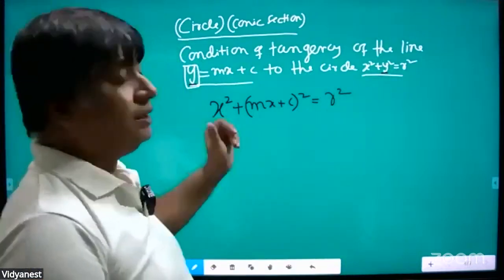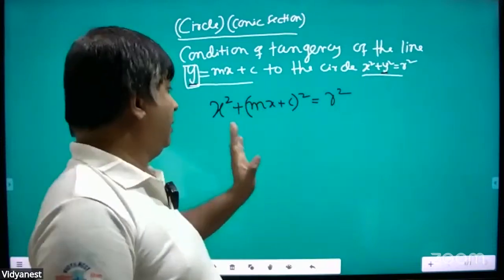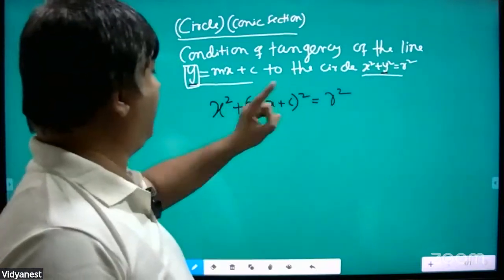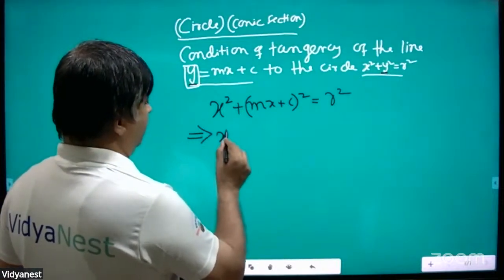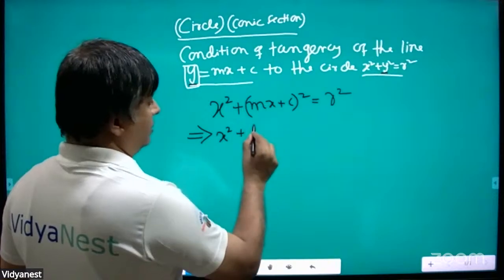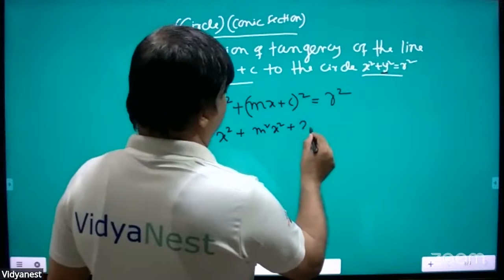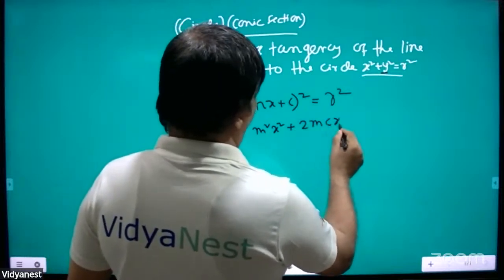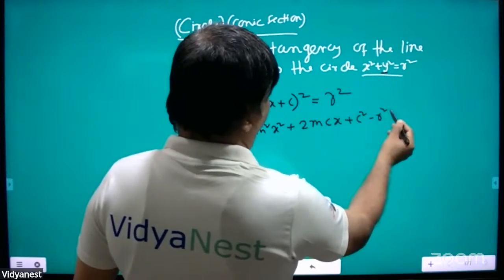So once you get that, you have to open it. How to open? Use a plus b whole square, a square, and bring r square to the left hand side.